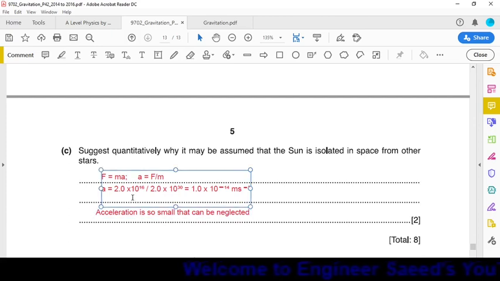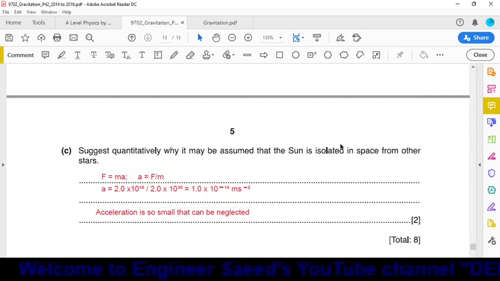Force is given as m into a, so acceleration is equal to F over m, and we have substituted the value of force. The force we calculated is 2 into 10 power 16, and m is the mass of the Sun. We divide this value by the mass of the Sun, and we get the answer 1 into 10 power minus 14 meter per second square.